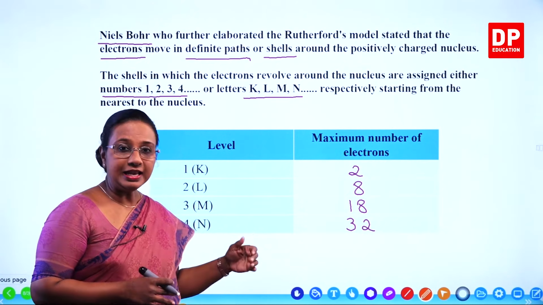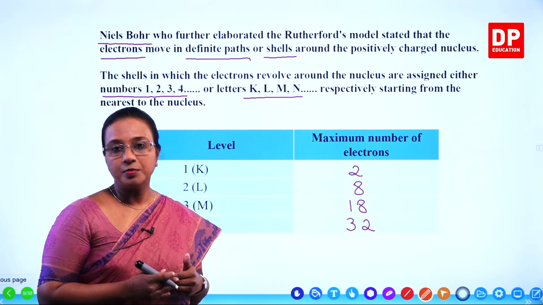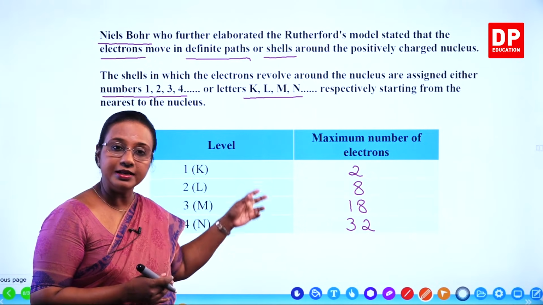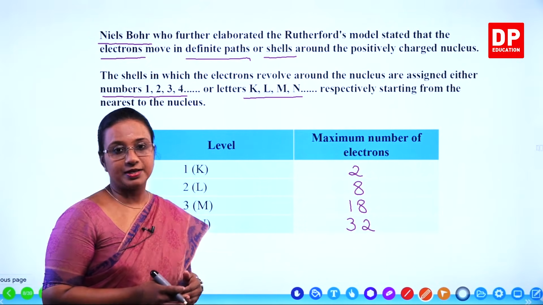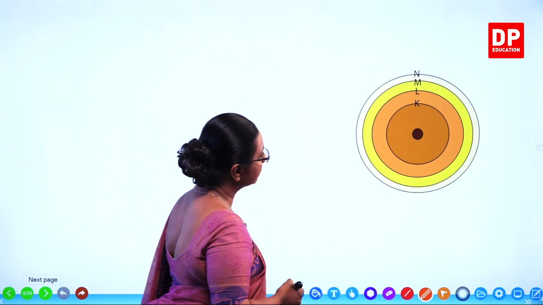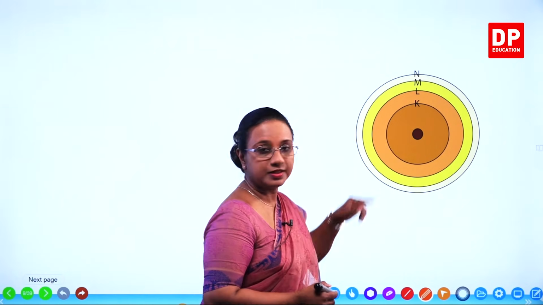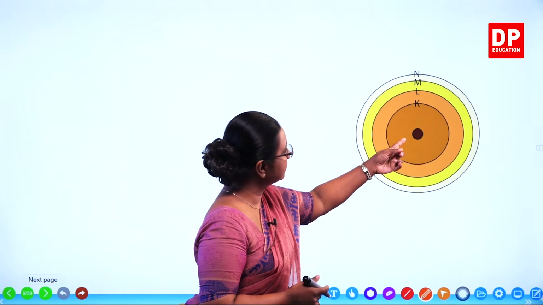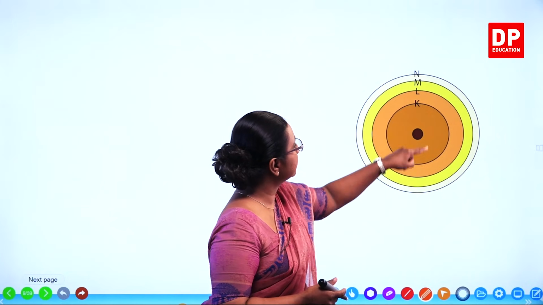Now we will again look at a summary of the model of an atom with the nature of the energy levels. As you can see here, the nucleus of the Niels Bohr model is shown in the center and all the energy levels are shown around it.